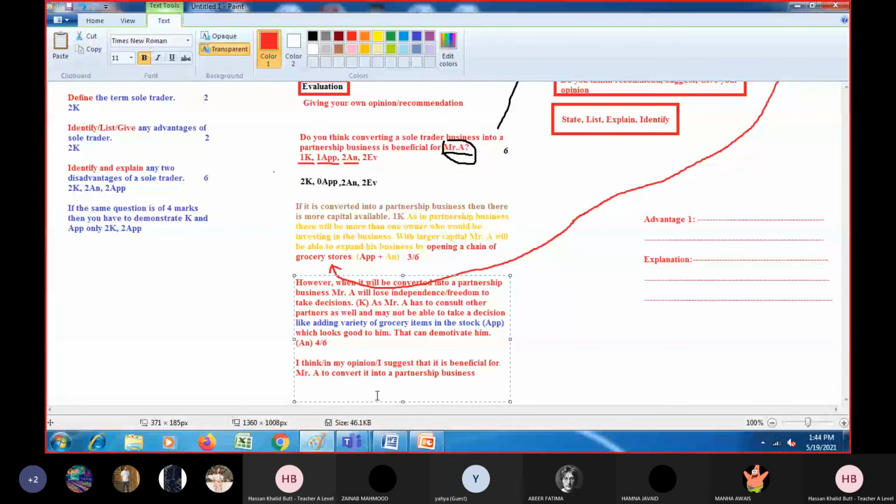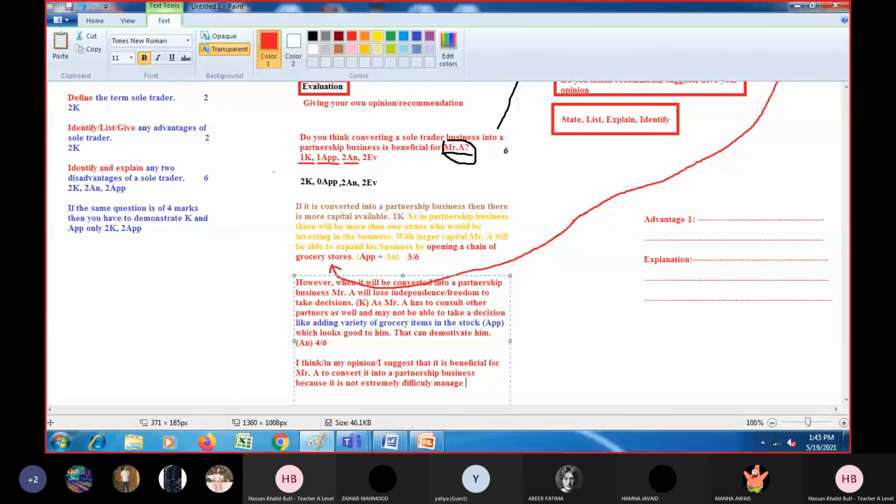Because it is extremely difficult to manage all affairs of the business once Mr. A plans to expand.